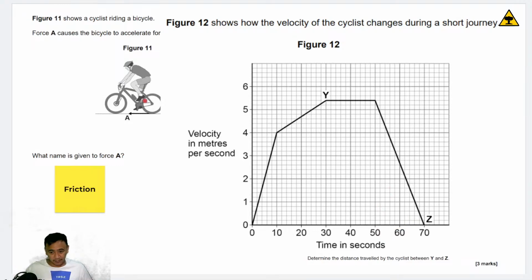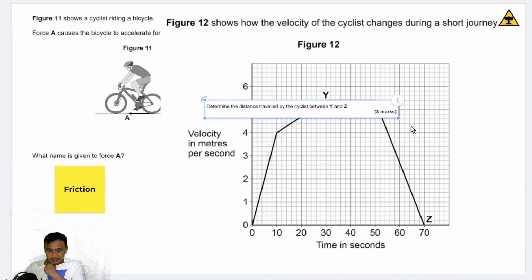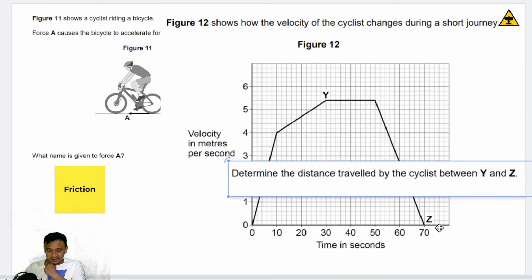It's only between Z and Y. I'll make that bigger for now.